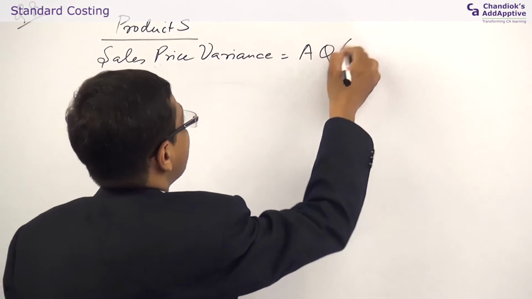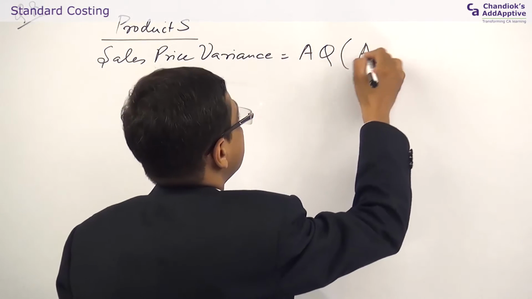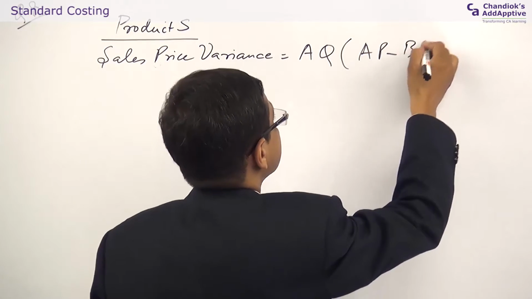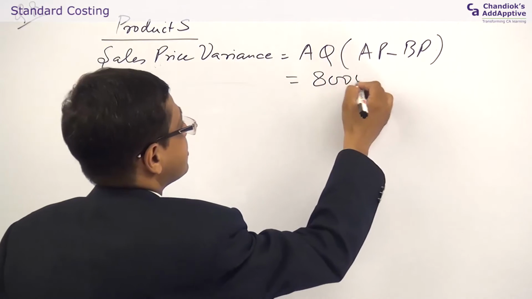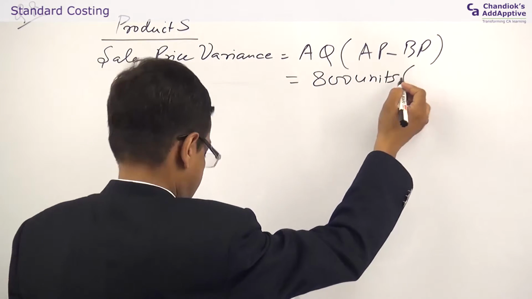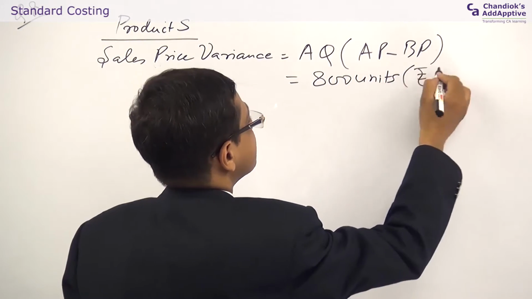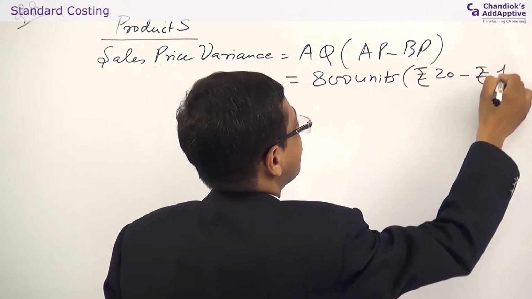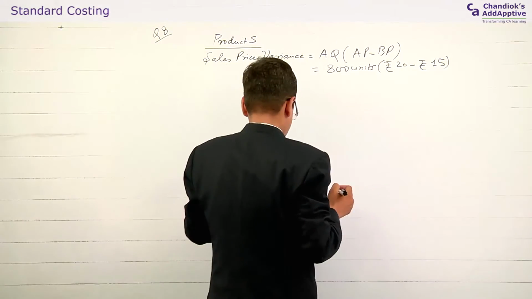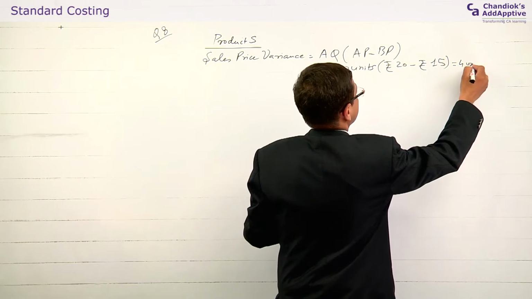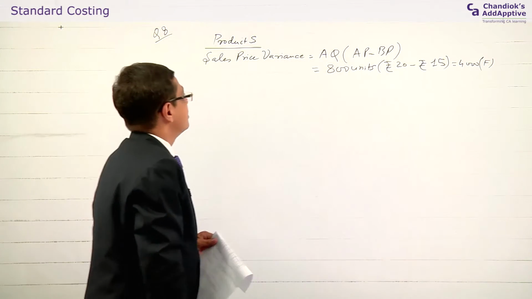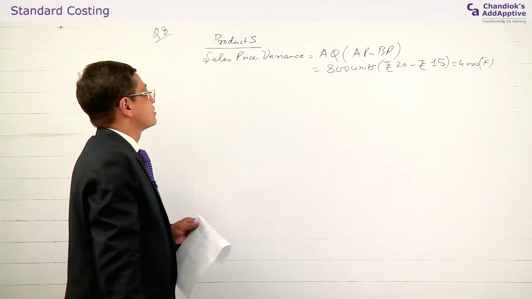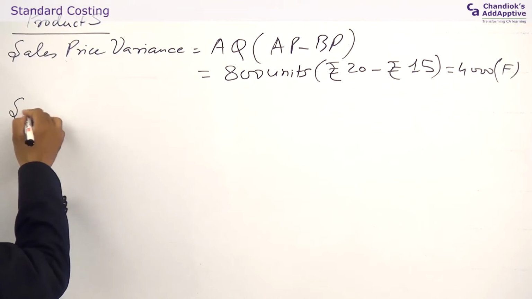So sales price variance is actual quantity into actual price minus budgeted price. So you have 800 units now, you have computed it. This is rupees 20 minus rupees 15. So if you solve it, this is 4000 favorable. So this is the sales price variance. Now sales volume variance.